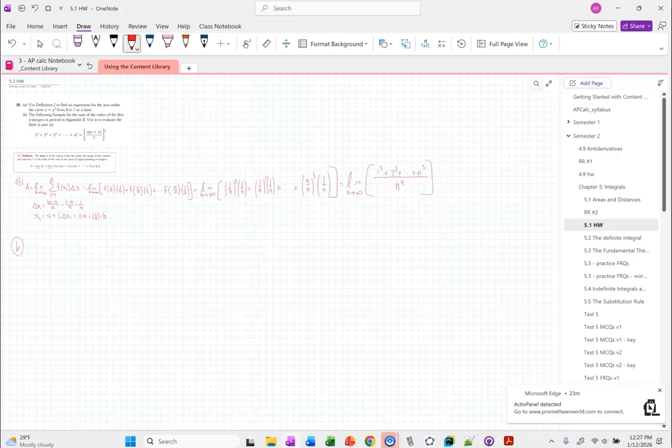And in part B, it says the following formula for the sum of cubes of the first n integers is provided in Appendix E. Use it to evaluate the limit in part A. So notice here, that's exactly what we have here in the numerator, right? So let's make that substitution.